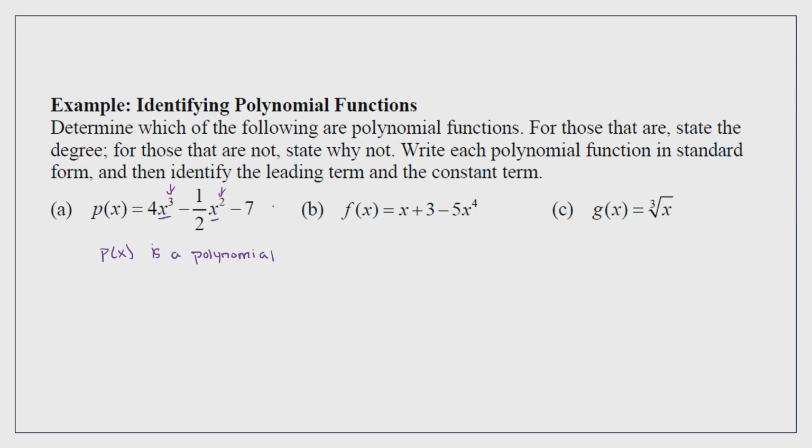They go 3, 2, and then 7 here has an x to the 0 power, which is 1. So they are already in descending order. So that means our leading term, which I'm just going to abbreviate LT, is going to be 4x cubed, and our constant term, which I'm going to abbreviate CT, is -7.